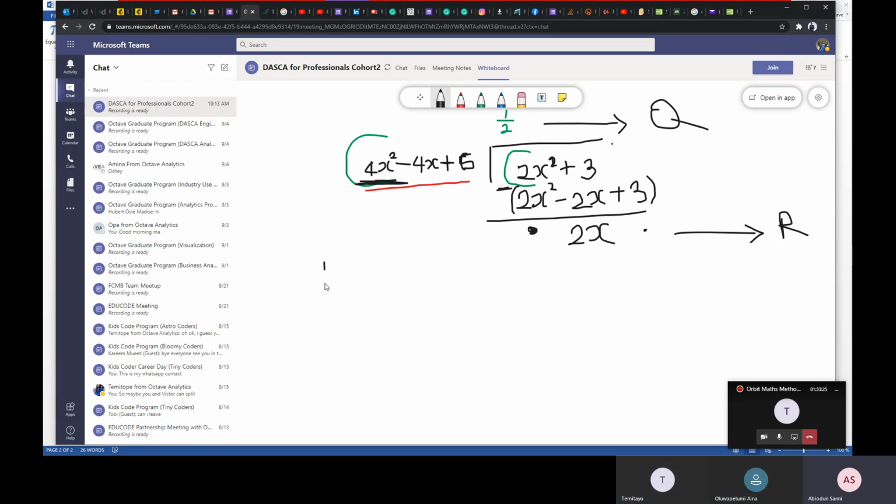So our P over Q, which is the polynomial, this is our polynomial. This is our divisor.